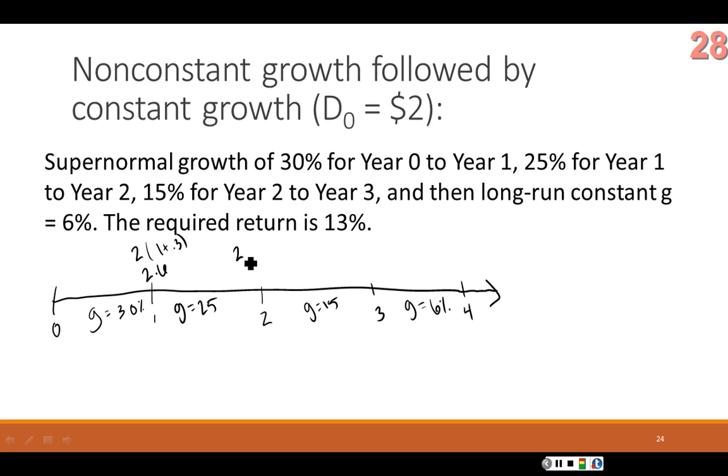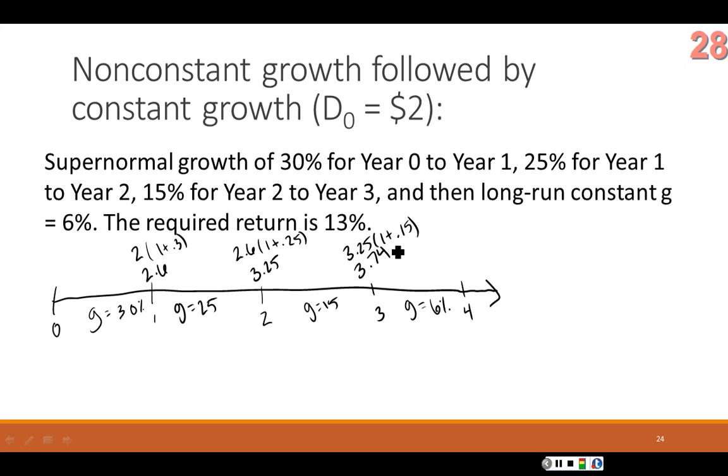So we take our last dividend payable, the $2.60, and multiply it by 1 plus the growth rate of 25%, to give us a dividend payable of $3.25. To calculate our dividend at time period 3, we take the $3.25 and multiply it by 1 plus our growth rate of 15%, to give us a value of $3.74.